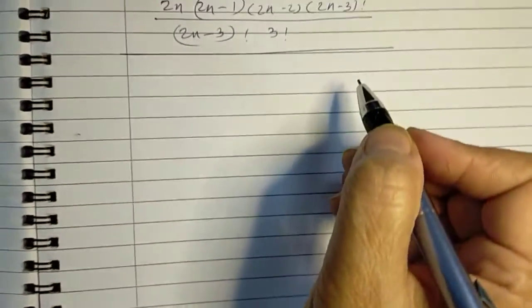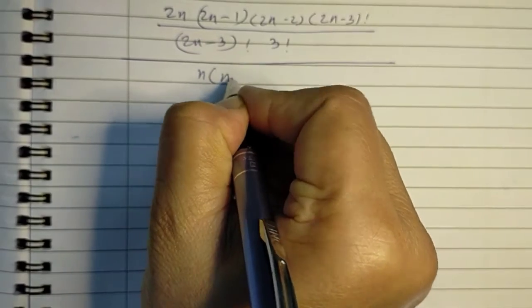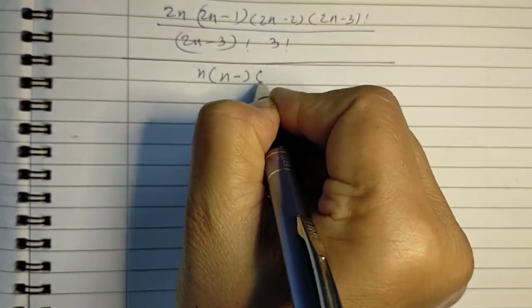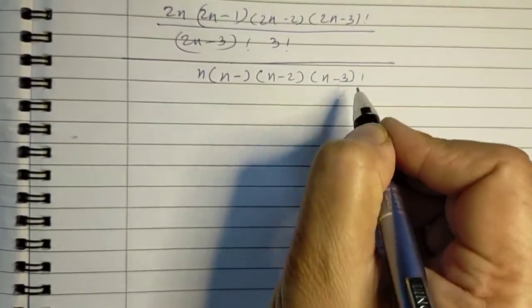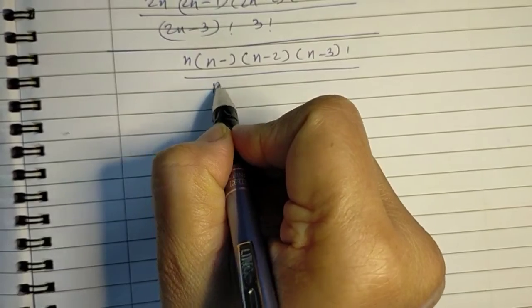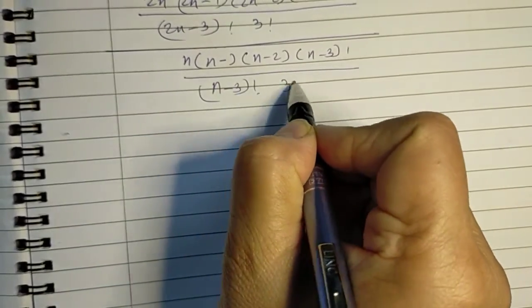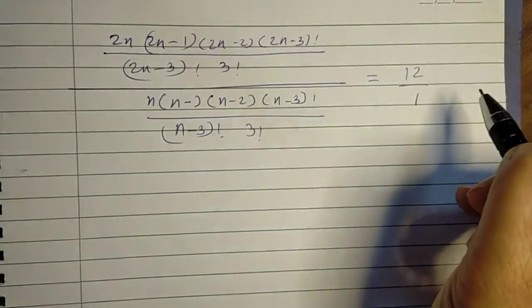whole upon. Now here we have n factorial, which can be written as n into n minus 1 into n minus 2 into (n minus 3) factorial, and whole upon (n minus 3) factorial into 3 factorial is equal to 12 upon 1.